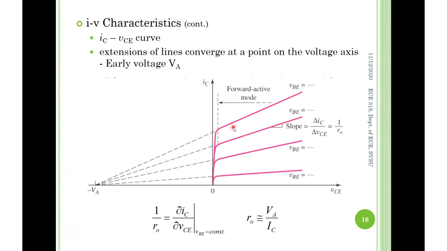Therefore, it takes very long to reach the x-axis. That's why negative VA is far away from the origin. This is the IV curve, very flat, not a steep curve.